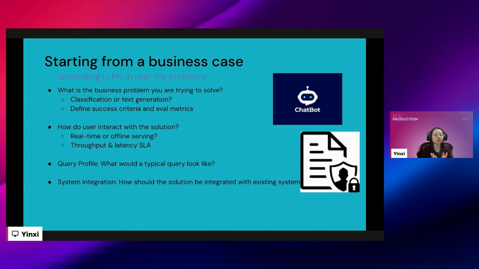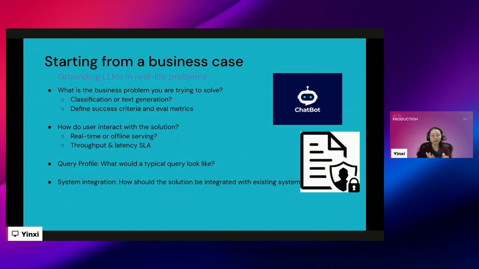You also want to think about how the user interacts with the solution. Is a real-time response required? If so, what are the throughput and latency SLAs? Those are the things to define at the design stage, along with a little analysis of your query type.